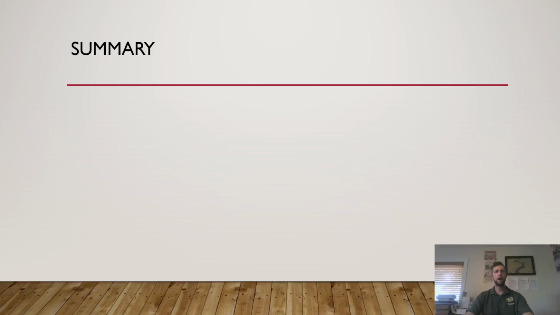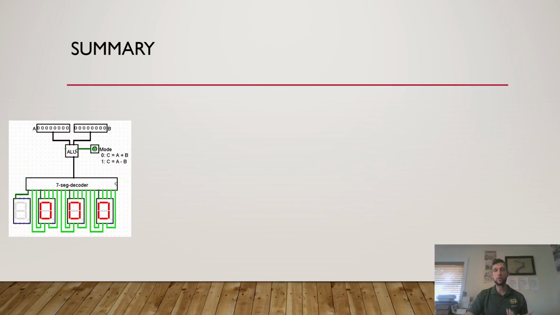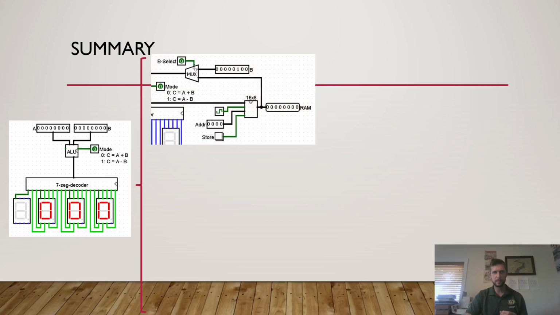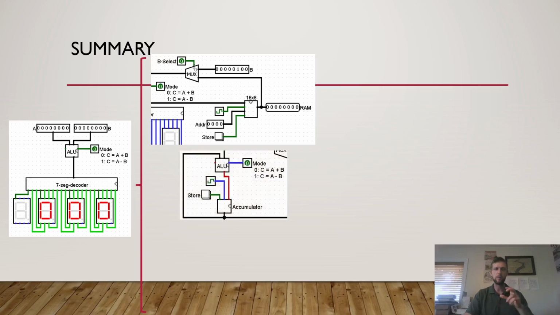Okay, so to summarize, what we started with in the previous video, all the way at the beginning, was a very simple circuit, a little ALU that did addition and subtraction. Then we added a couple of things, namely some RAM, a 16x8 memory cell, to do some useful stuff. We moved one of the inputs down underneath the ALU to be an accumulator to simplify our final step.